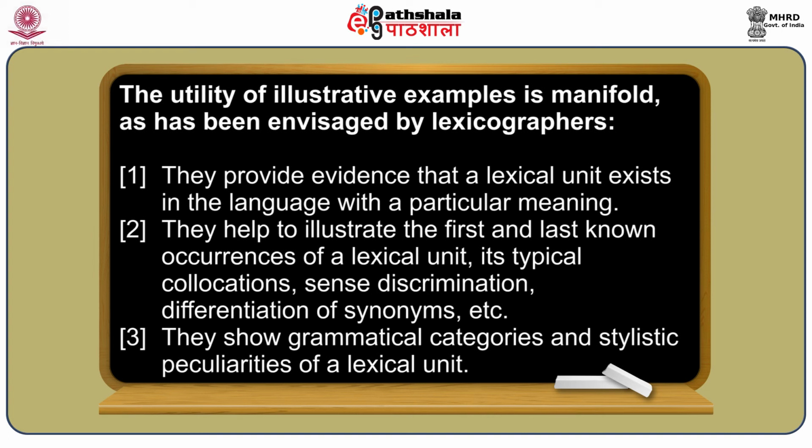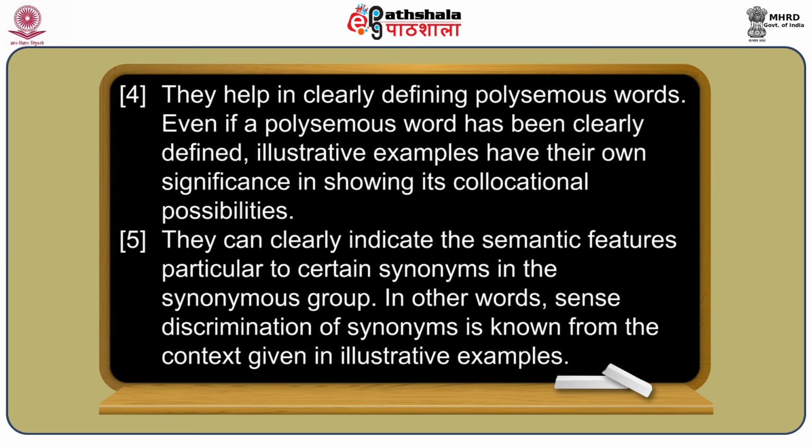They provide evidence that a lexical unit exists in the language with a particular meaning. They help to illustrate the first and last known occurrences of a lexical unit, its typical collocations, sense discrimination, differentiation of synonyms, etc. They show grammatical categories and stylistic peculiarities of a lexical unit. They help in clearly defining polysemous words.